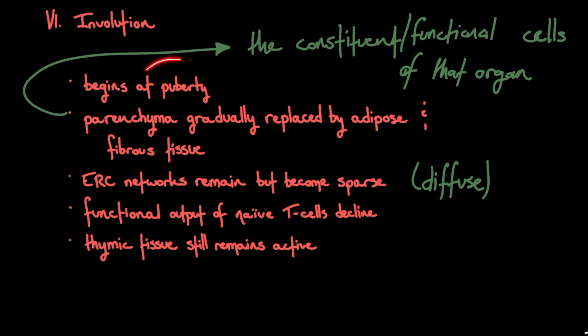I mean, puberty is relatively early in life, so that is an early time for a sort of immuno-declining state to occur. Really interesting stuff. So we'll talk about that throughout this unit and the implications of thymic involution. But I need you to understand that concept. We start to lose that tissue as we age.